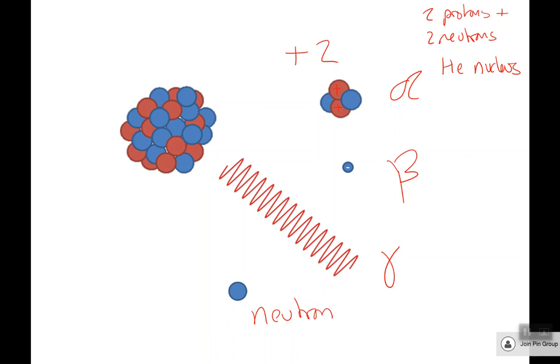As I said, the charge is +2. It is incredibly ionizing. That means it's very easy to turn an atom into an ion by removing an electron. In terms of biology, it means that it can damage DNA, which then leads to mutations, which leads to things like cancer. It's got a very, very short range.